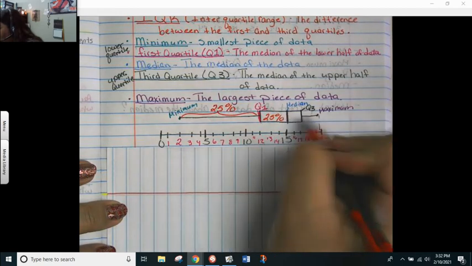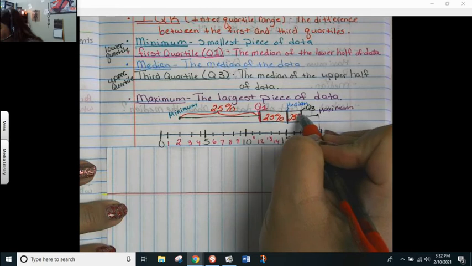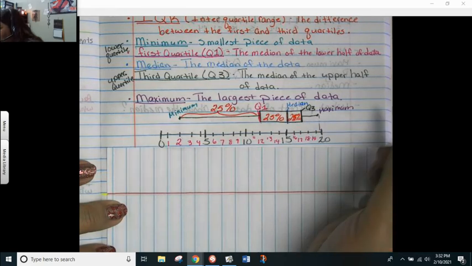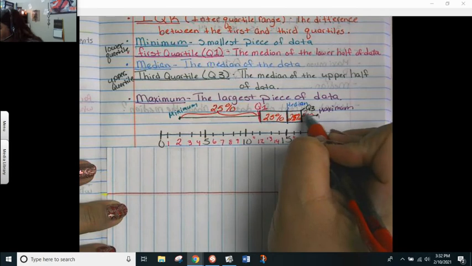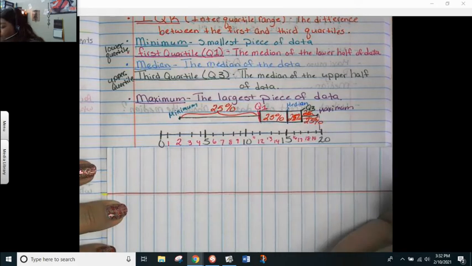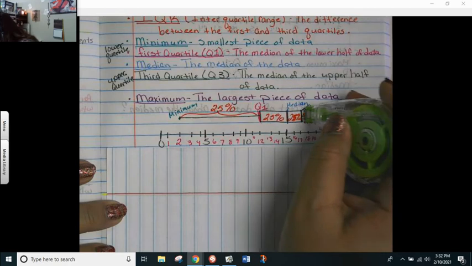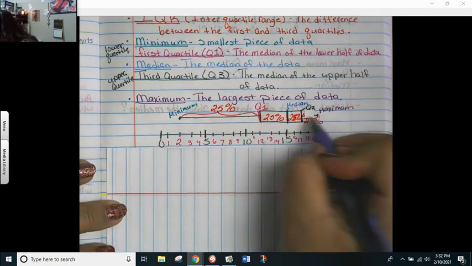From the median to Q3, that represents 25% of my data. And from Q3 to the maximum, 25% of my data. I'll make that look prettier, sorry.